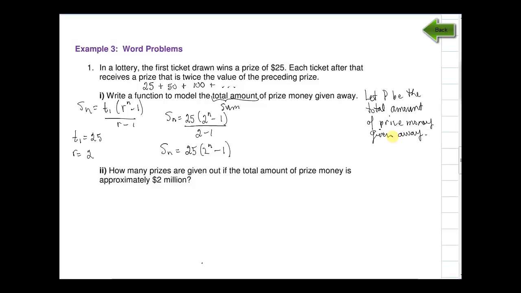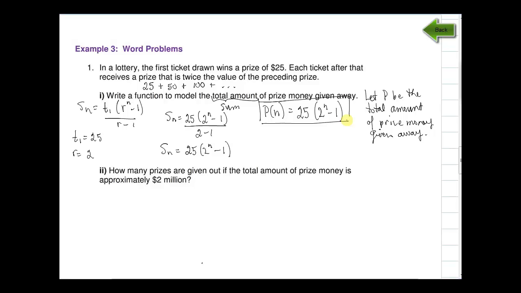And now I can write my equation or my formula here as a function. So I'm going to say P of n, because my variable that I'm using is n, is equal to 25 times 2 to the n minus 1. And now you have a function that will model the total amount of prize money given away.